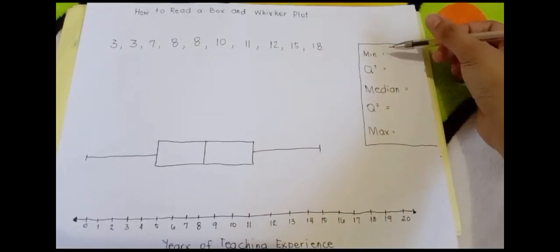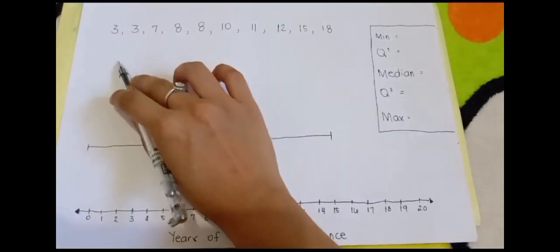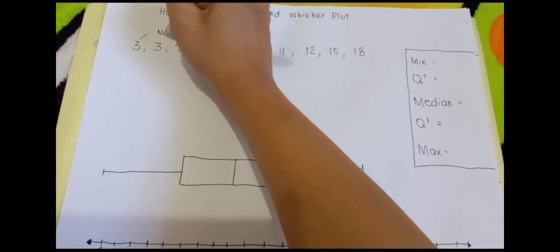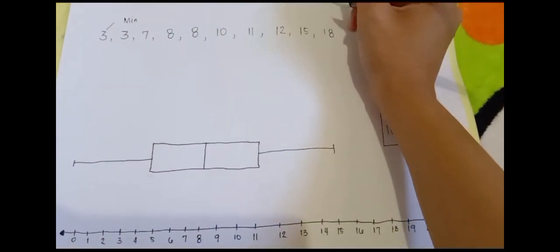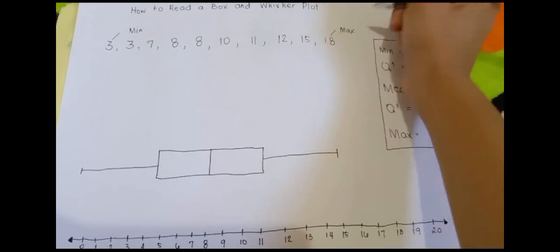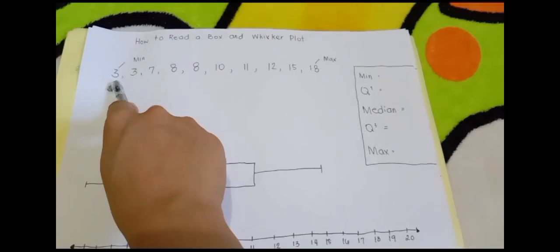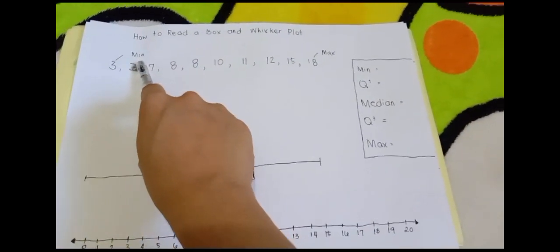Ang minimum numbers of years of teaching experience is 3. Minimum. And the maximum is 18. Why? Dahil ang 3 is the least number, kaya ito po ay naging minimum number.